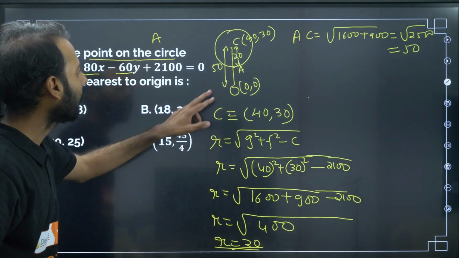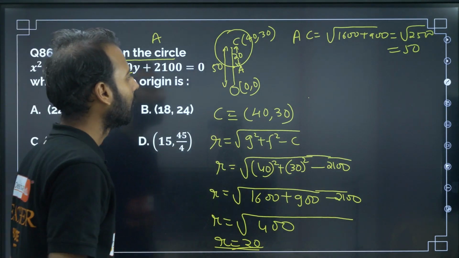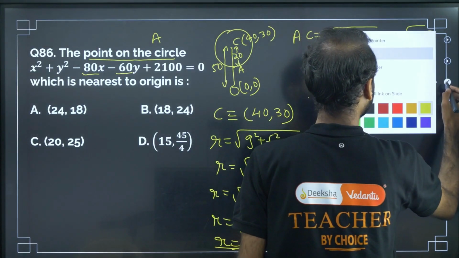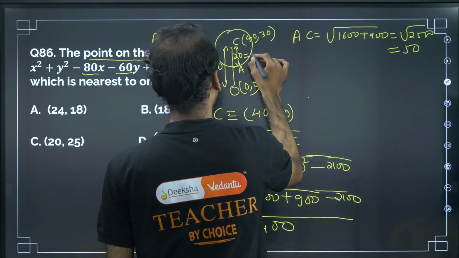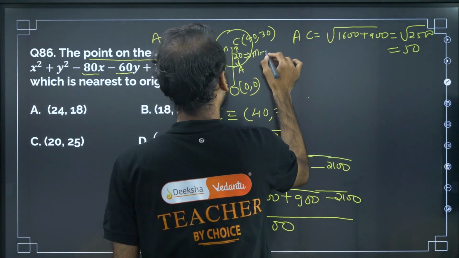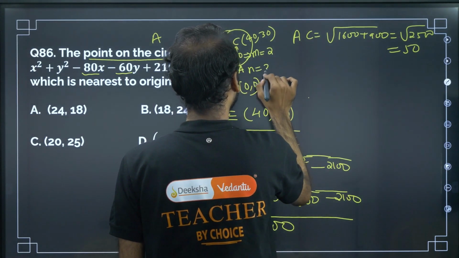Now see here, we know 2 points. We know in what ratio that is divided. Here if I mark this as M is 2, N is 3.